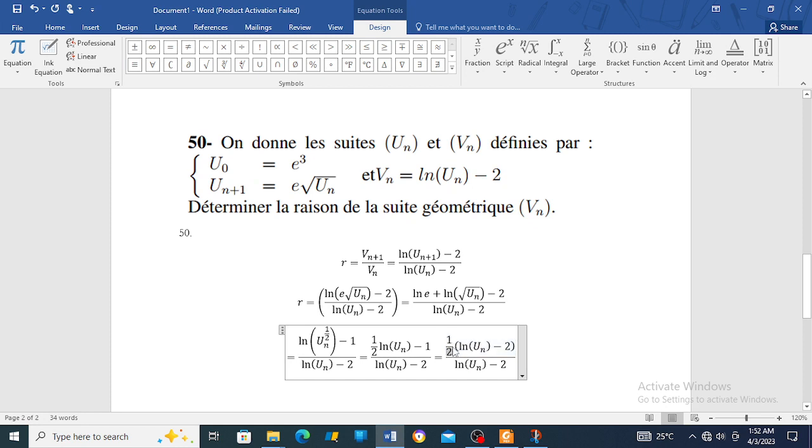You see, if we distribute, the half will come here and you get the first term, and then 2 divided by 2 will give you 1.